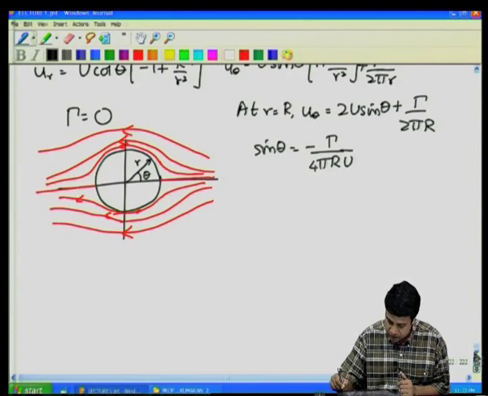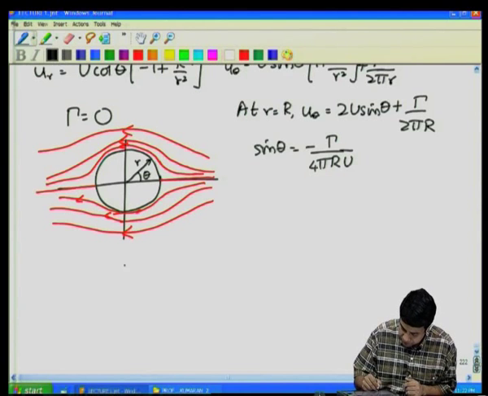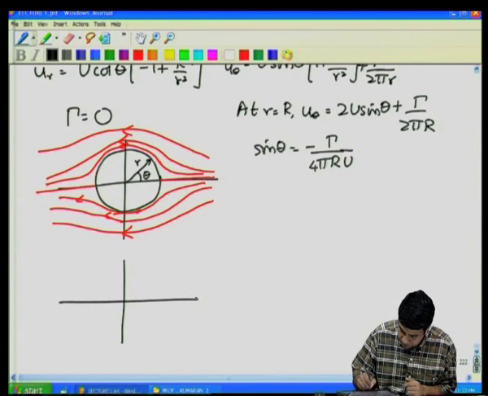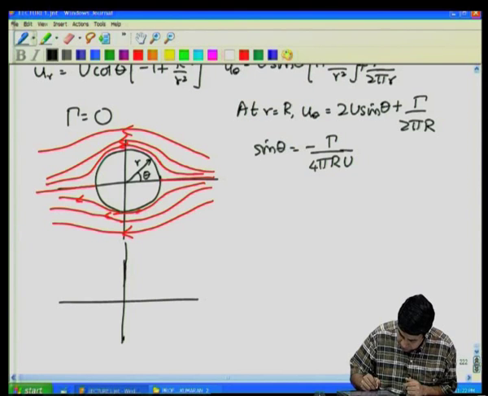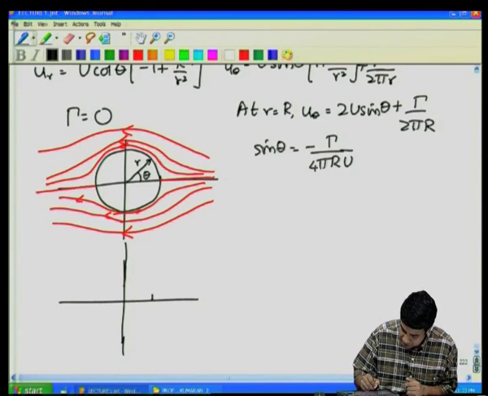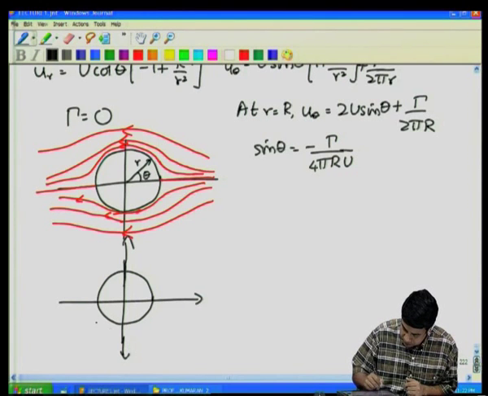Because recall that I have my cylinder here at the center, this is x and y.